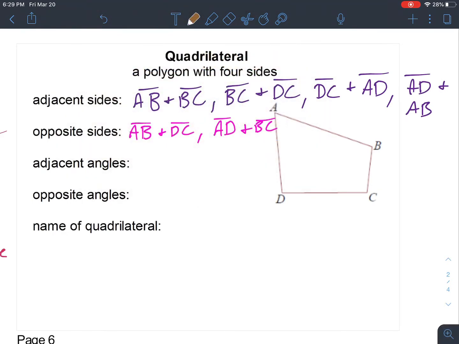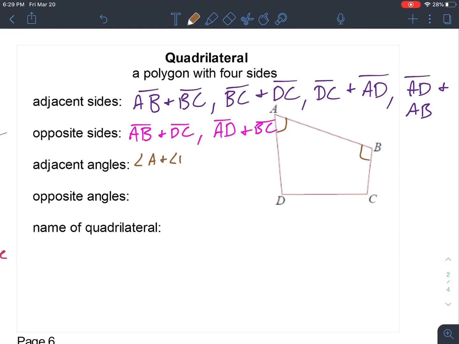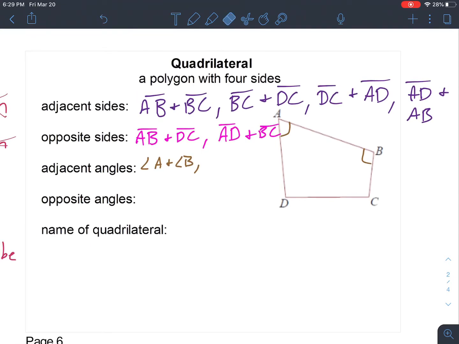Next one, adjacent angles. So angles that are next to each other, we're going to have angle A and angle B. Then to angle B, angle C is also adjacent. To angle C, angle D is also adjacent. And then finally, angle A and angle D are adjacent.